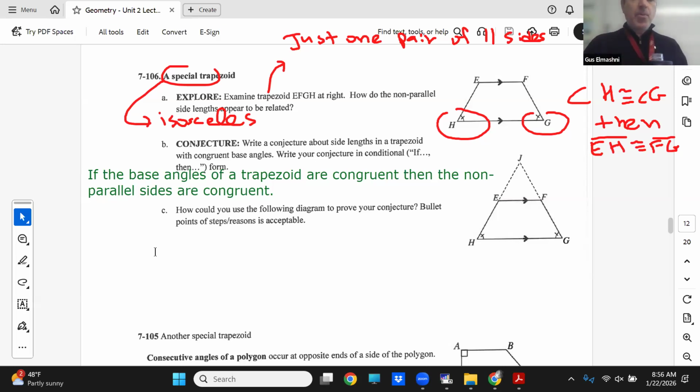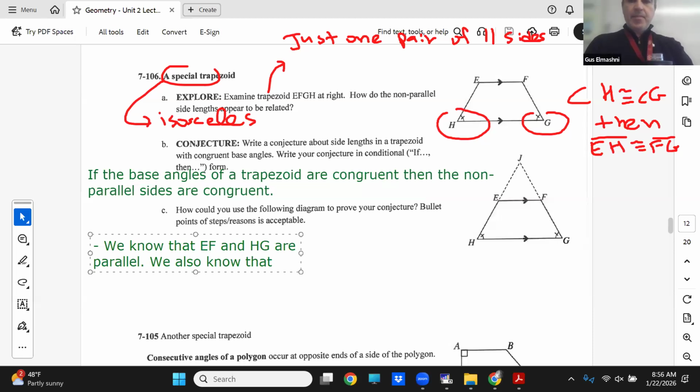So we can go bullet point format here. What we could say is that we know that EF and HG are parallel. We also know that angles H and G are congruent. So that's given.